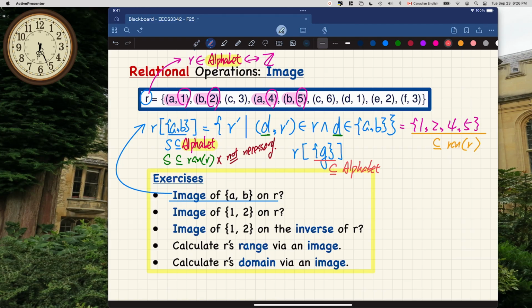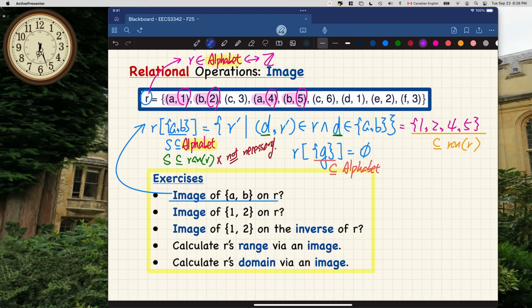But it does not contain any domain value. Now, what should be the image here? You're basically asking, what would be the set of range values that's mapped by G? Do you have any first element here being G? You don't. So it's going to be just the empty set. So this one here would just be empty.